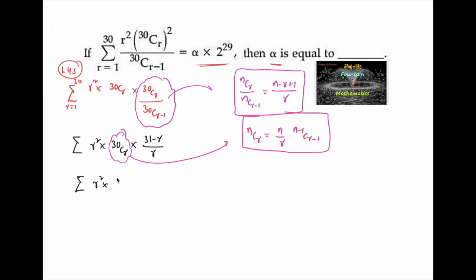So we can write 30 divided by r into 30 minus 1, that is 29c r minus 1, into 31 minus r divided by r. So here r into r square gets cancelled. So r is equal to 1 to 30, summation 30 into 31 minus r into 29c r minus 1.